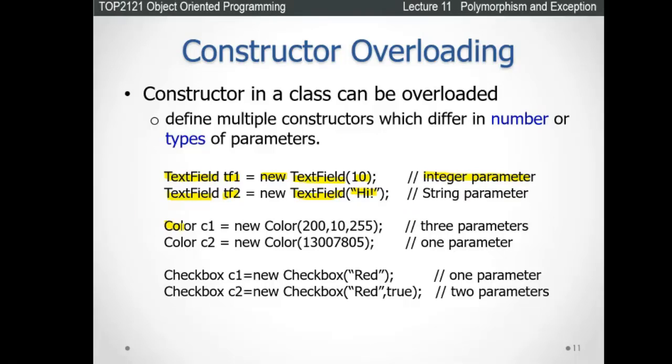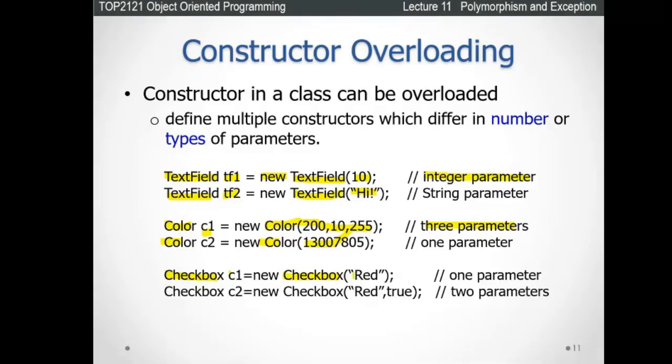Similarly, the color class, we create the object and then the constructor here. How many parameters do we pass here? Three parameters. Okay. Then the color constructor we create here has one parameter passed. Okay, so the signature is different, but the function name is the same. And the last one is the checkbox. This is the class checkbox, and then we create the constructor here.